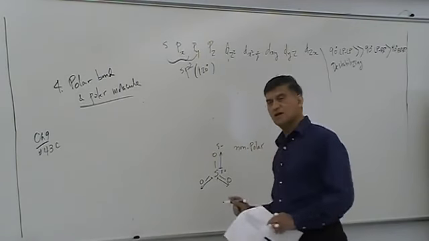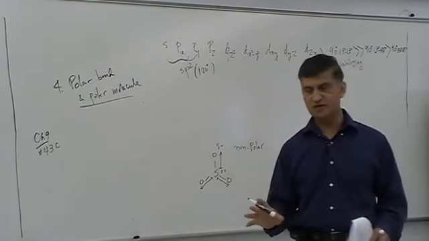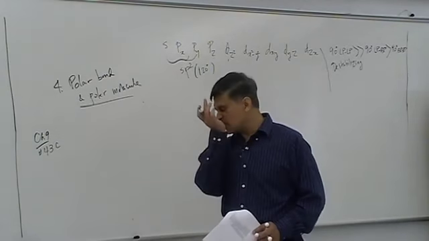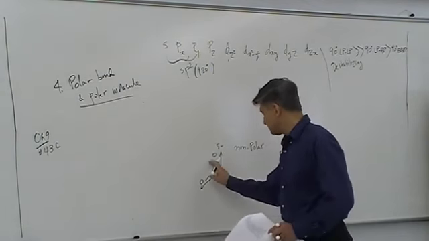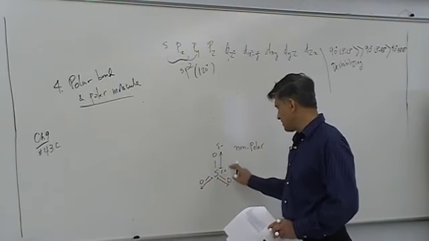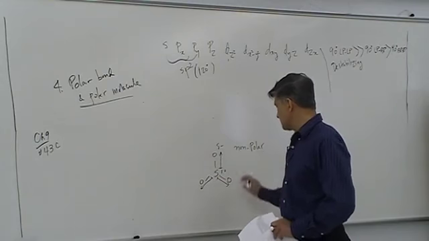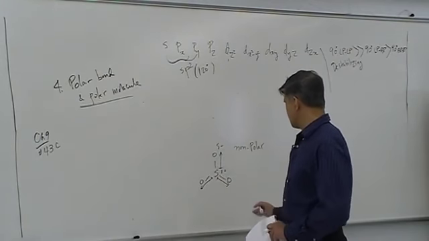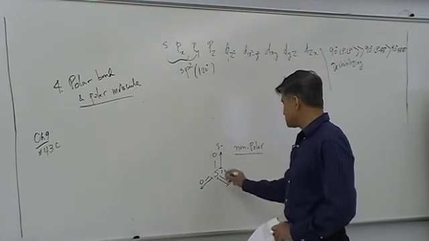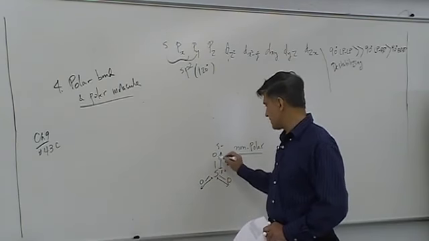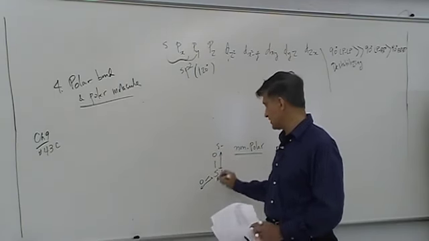So in a nonpolar molecule, you'd expect a highly symmetrical structure, and all these forces in a highly symmetrical structure would cancel out, especially when each arm is made up of the same element. So in this case, oxygen, oxygen, oxygen. So the overall molecule is nonpolar, but each bond is a polar bond because there is an electronegativity difference between sulfur and oxygen, oxygen being more electronegative.